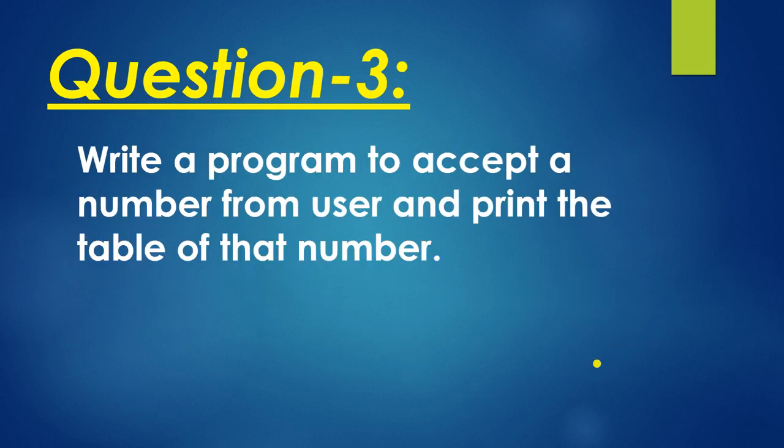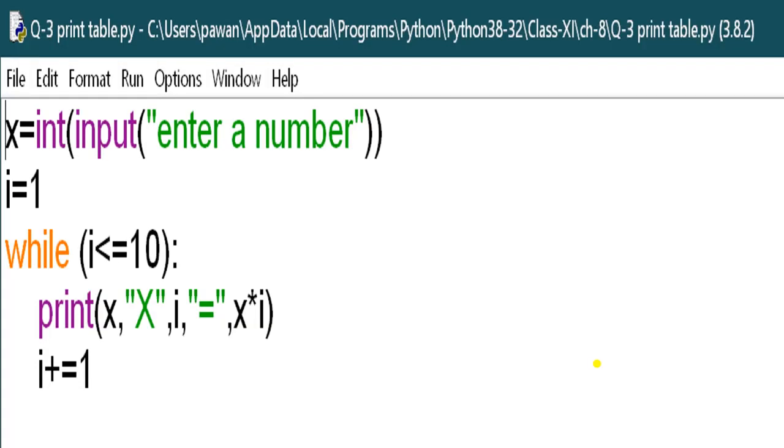Now question number 3. You have to write a program to accept a number from the user and print the table of that number. Here x is equal to input, enter a number, asking the user to enter a number. Then i is equal to 1.